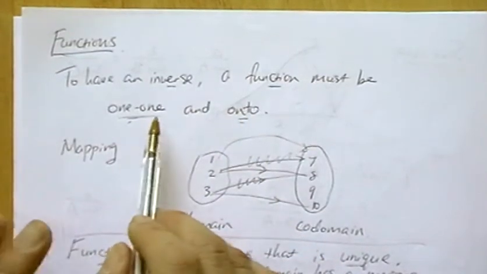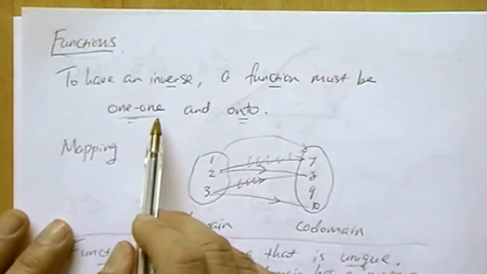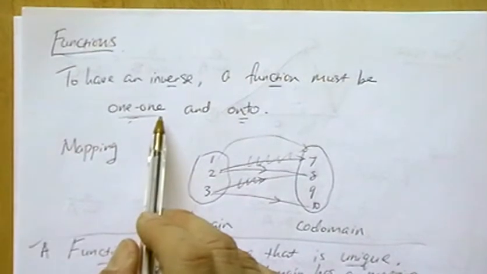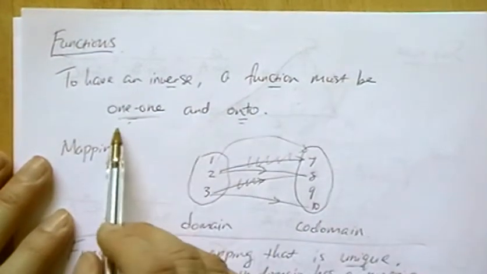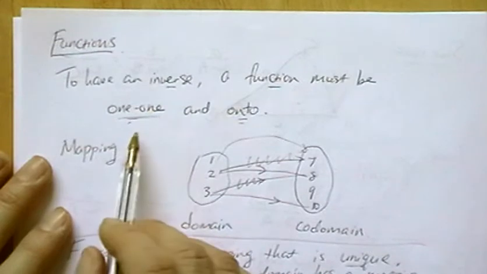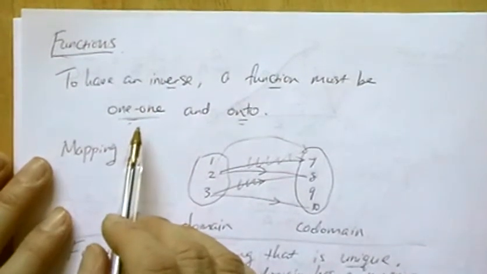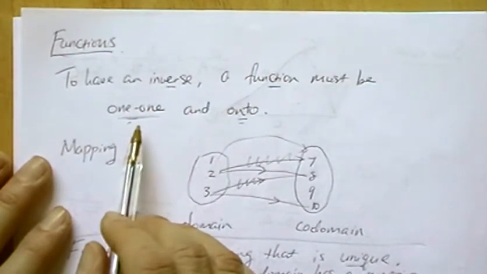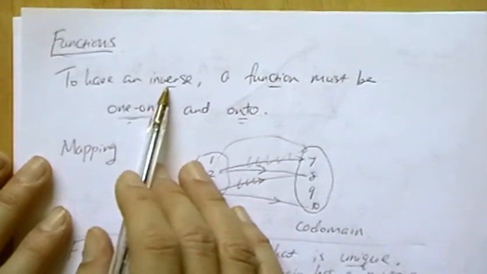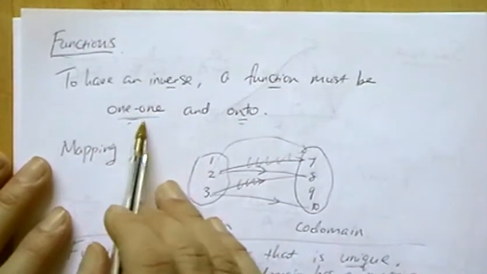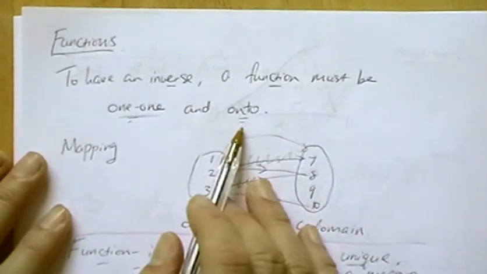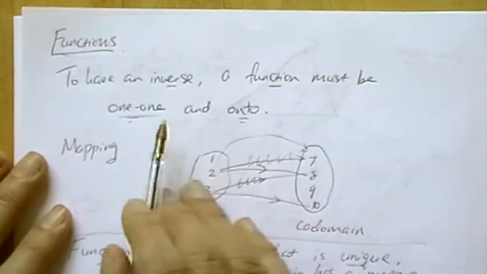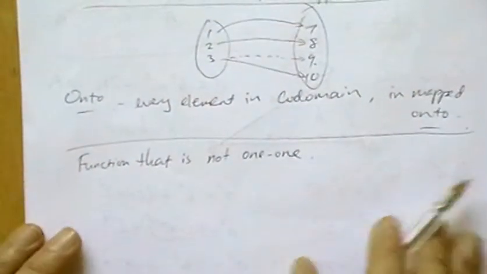So I'm going to prove it by contradiction, meaning I'm going to assume that I have a certain function that is not 1, 1, and then I'm going to show that it is not possible to have an inverse function. And then I'm going to repeat the method for the onto property. So let's start with that.